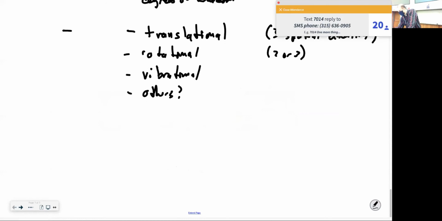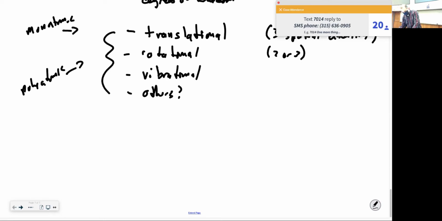So this one is purely monatomic. You only have translational. All of these are possible with polyatomic. Let lowercase f be the total degrees of freedom of molecules in your gas.